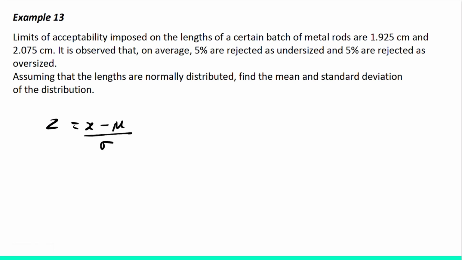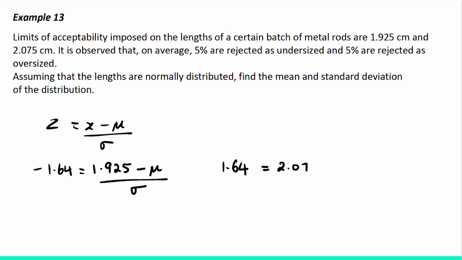Our first z-score that we got was negative 1.64. That corresponded to the x value of 1.925 minus the unknown mean over the unknown standard deviation. My next z-score that I got was 1.64. That corresponded to the x value of 2.075 minus the mean over the standard deviation.